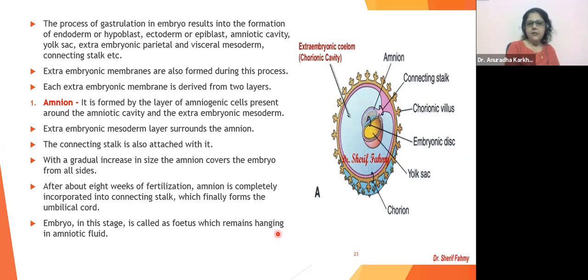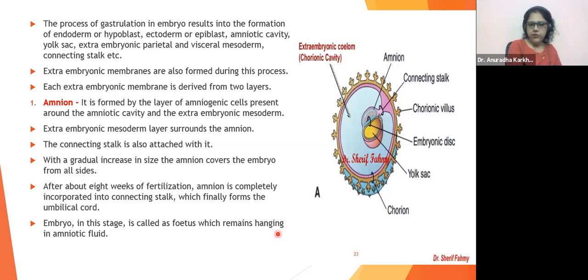So please understand that it is formed by the layer of amniogenic cells present around the amniotic cavity and extra-embryonal mesoderm, meaning the trophoblastic cells. Amniogenic cells means what? Trophoblastic cells. So a few trophoblastic cells and extra-embryonal mesoderm together will form this layer called the amnion.